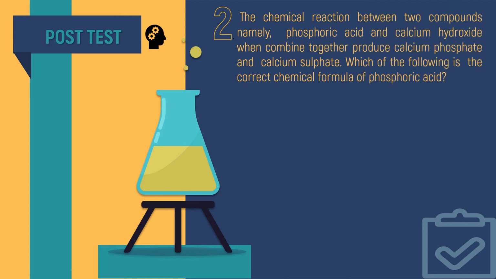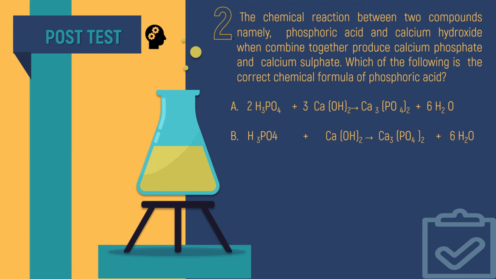Number 2. The chemical reaction between the two compounds, namely phosphoric acid and calcium hydroxide, when combined together produces calcium phosphate and water. Which of the following is the correct chemical equation? A. 2 moles of phosphoric acid plus 3 moles of calcium hydroxide, producing calcium phosphate plus 6 moles of water.